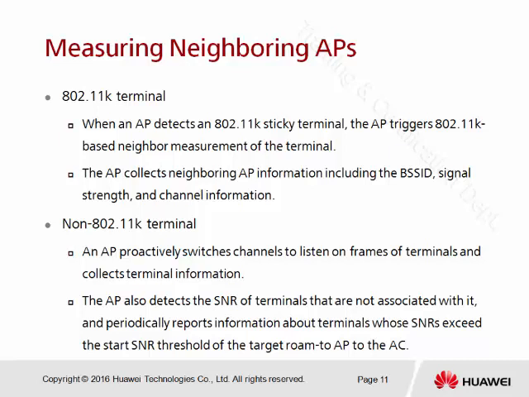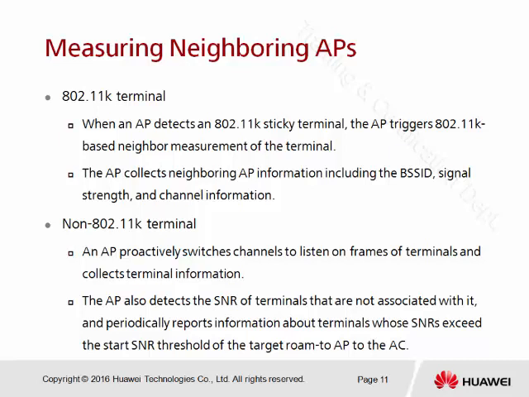So the AP will collect the neighboring AP information, including the MAC address of the AP, the signal strength, and also the channel information, because they want to do some measuring. So they need to know which AP is able to provide a better signal to the terminal.